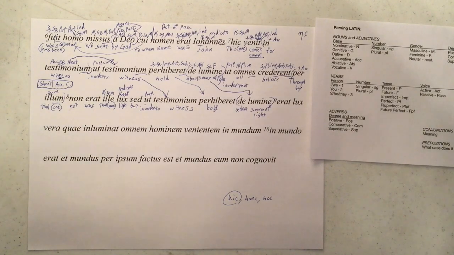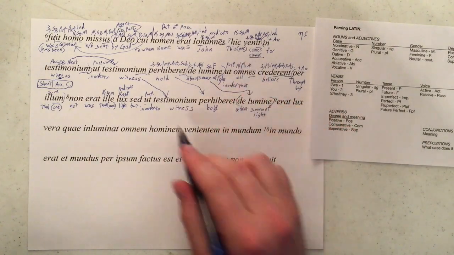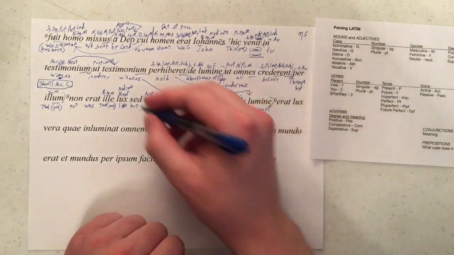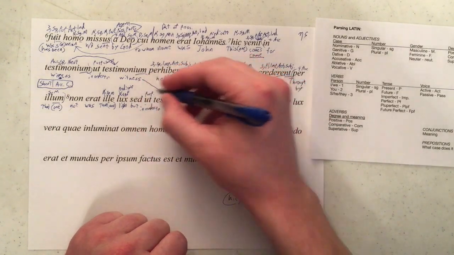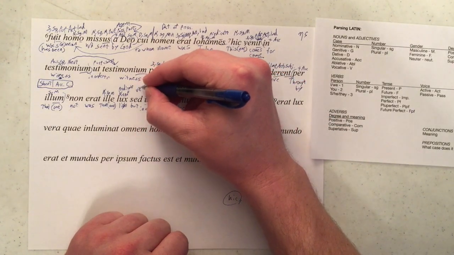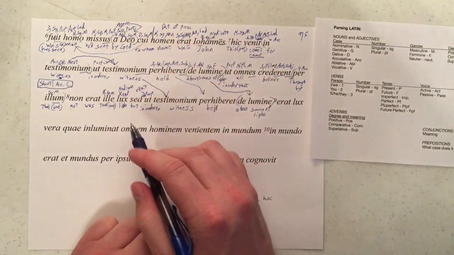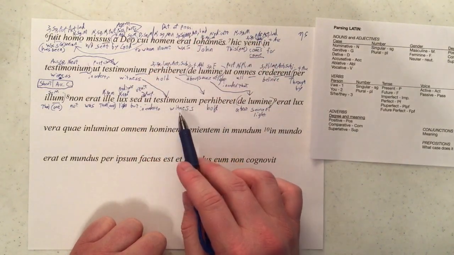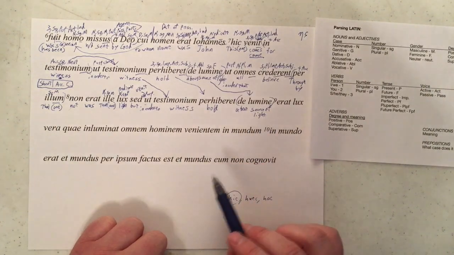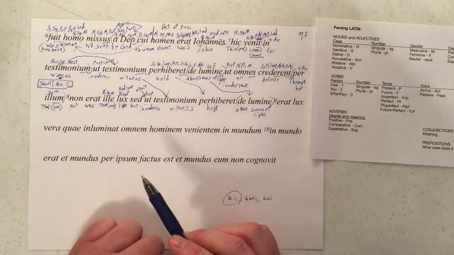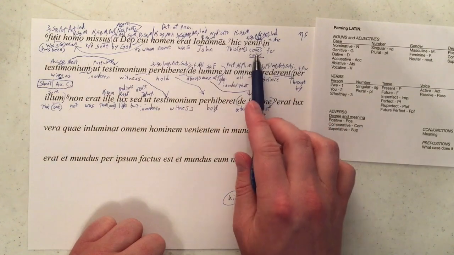You would have a decent idea of what's going on because you already have the context in mind. But we're going to bring "he came" down here just so we have a better idea what's going on. He came in order to hold a witness about source of light. That clears up the entire issue there, just going back and getting the context of verse number 7.